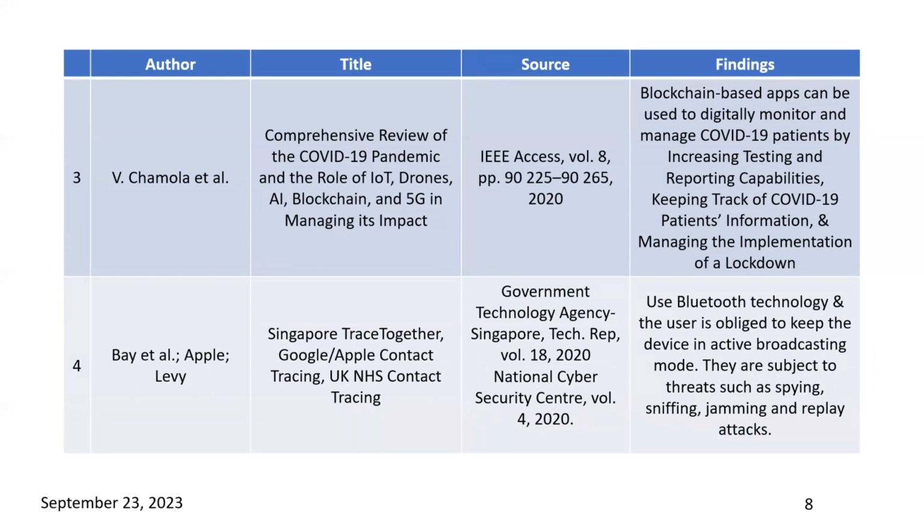Now, some of the previous main works include Singapore TraceTogether, Google or Apple contact tracing, the UK NHS contact tracing app, and the China health code system. The first three solutions use Bluetooth technology with a high power demand because the user should keep the device in an active broadcasting mode, and all Bluetooth-based contact tracing systems are subject to threats such as spying, sniffing, and jamming due to vulnerabilities.